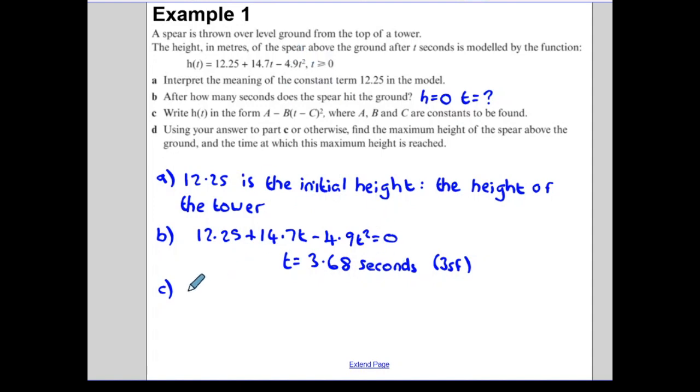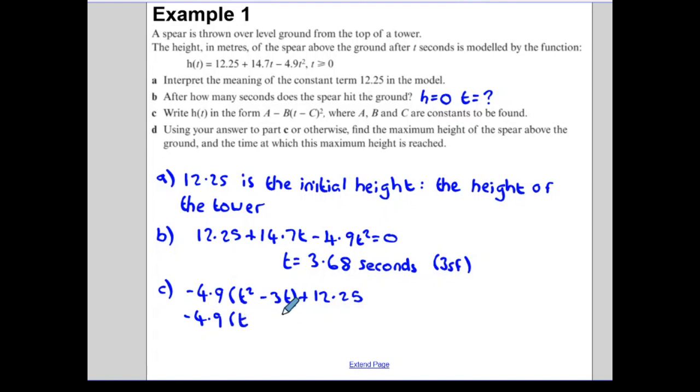So I would start by factorising the 4.9 to give me a t squared on its own in the bracket. Dividing 14.7 by 4.9 is 3. 12.25 remains the same for now. Then we do the completing the square step.